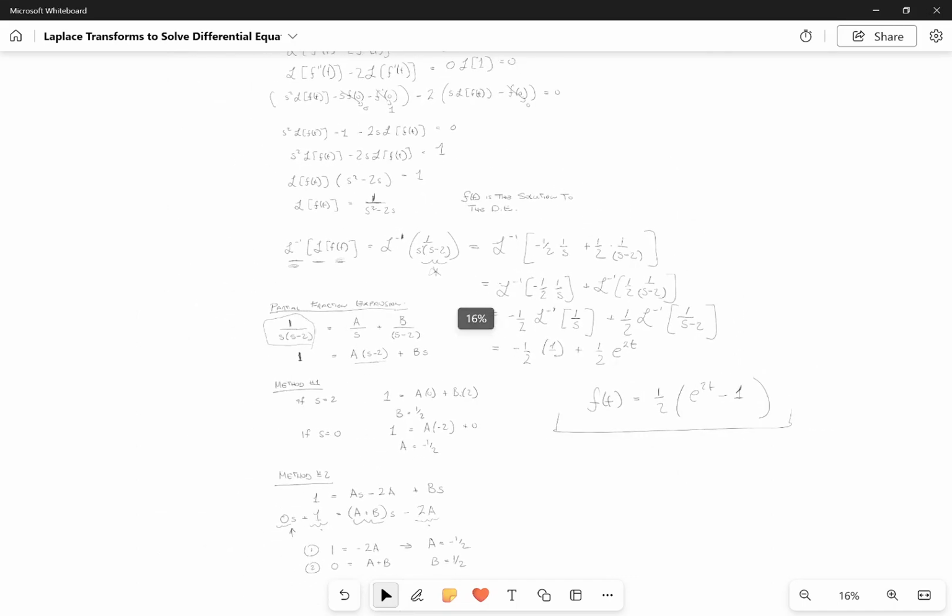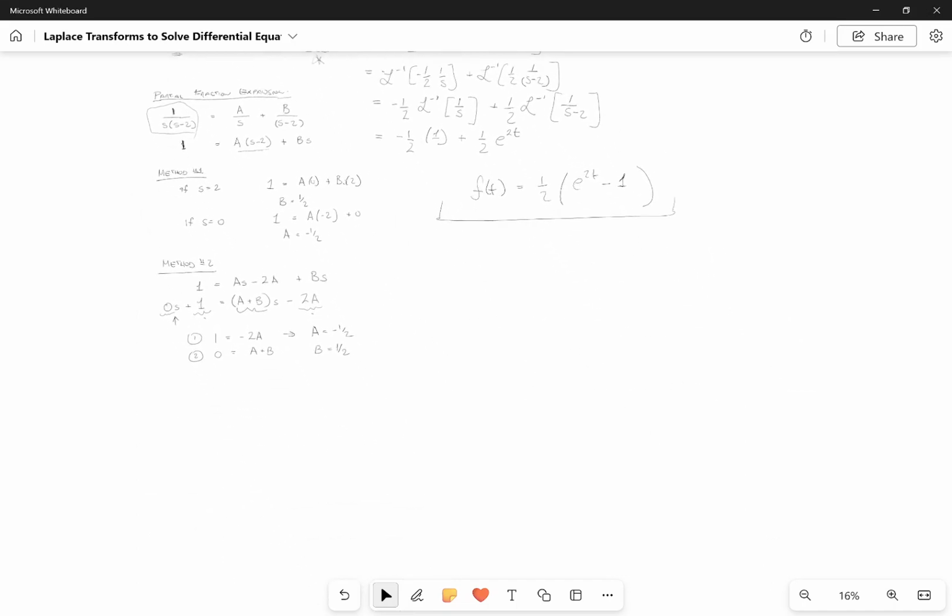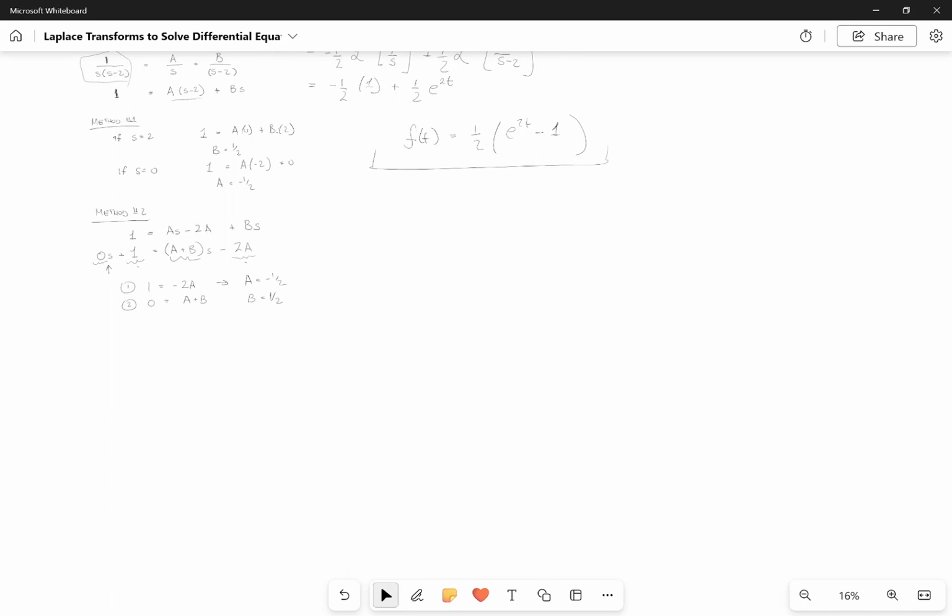Okay, let's take a look at one that may be a little more complex. A differential equation that might be a little bit harder to solve, and then we'll stop there. Let's see if I can find one that I'd like to show you.